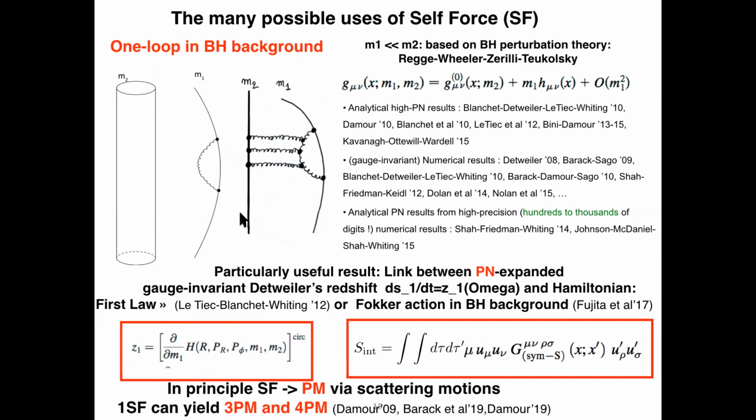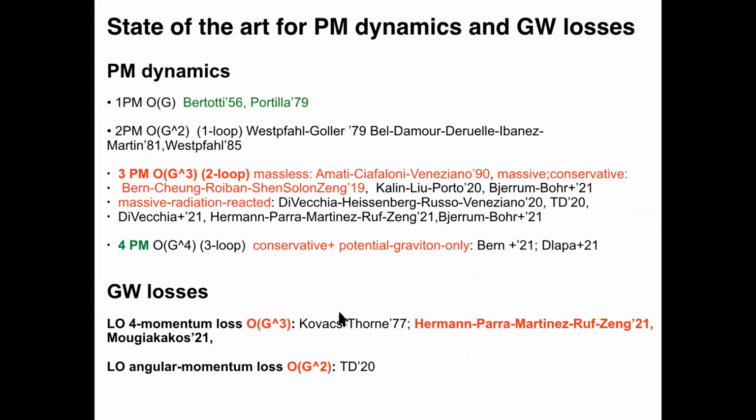Essentially, as shown by Fujita et al., you use the regularized symmetric Green's function again. So it is a Fokker action, but a Fokker action for the Green's function of this worldline within the black hole background. Okay, and this is used a lot.